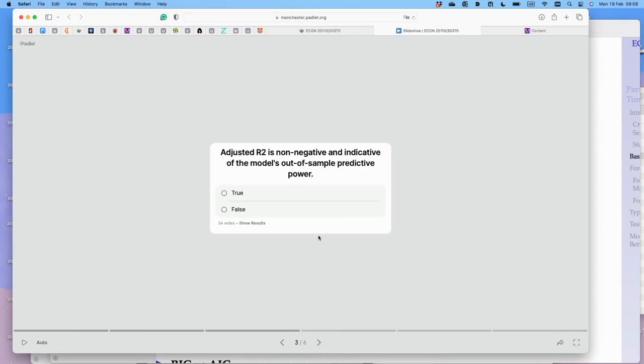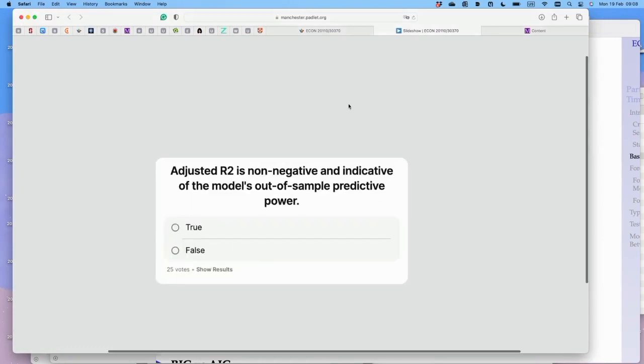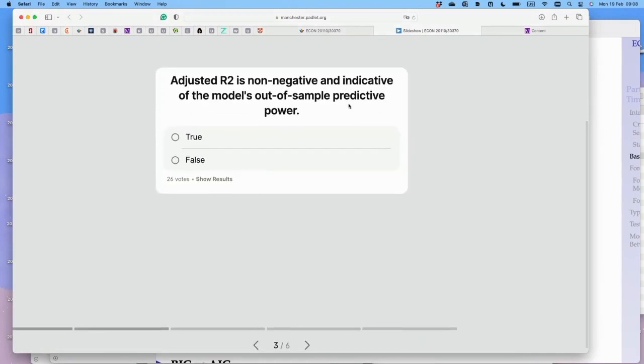Now, the second one, okay: adjusted R-square is non-negative and indicative of the model's out-of-sample predictive power. Is this correct, or do you think that's a false statement?